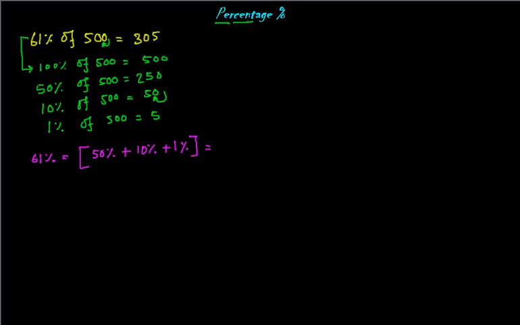So 61% of 500 is 50% of 500, which is 250, 10% of 500, which is 50, and 1% of 500, which is 5. If I add them together, I am left with 305. So that will be the answer: 61% of 500 is 305.